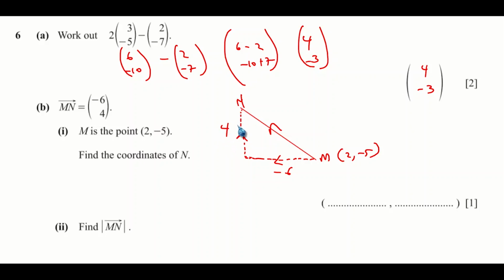To get the coordinates of N, that means you are moving from 2, 6 times. So let's say you have 2 here, then you move 6 times in this direction: 1, 2, 3, 4, 5 and 6. So this is 2. The next one will be 1, 0, negative 1, negative 2, negative 3 and negative 4.